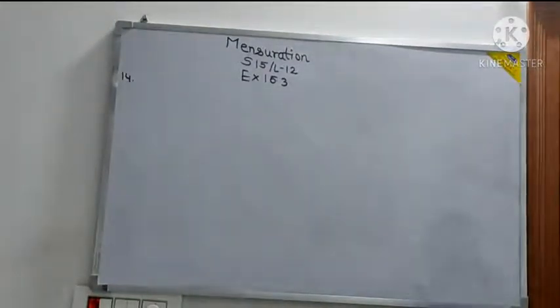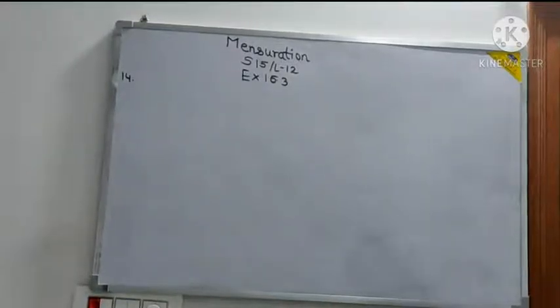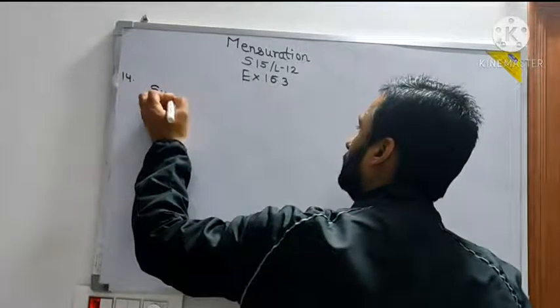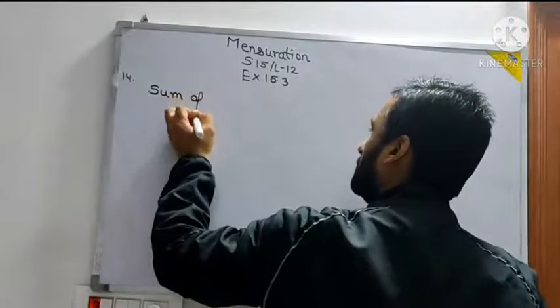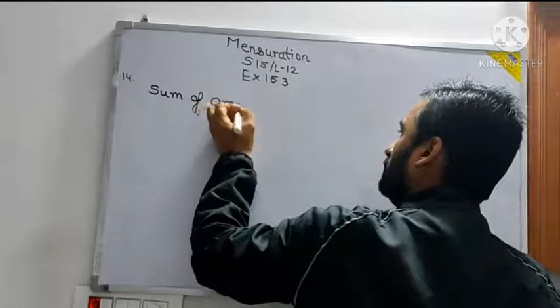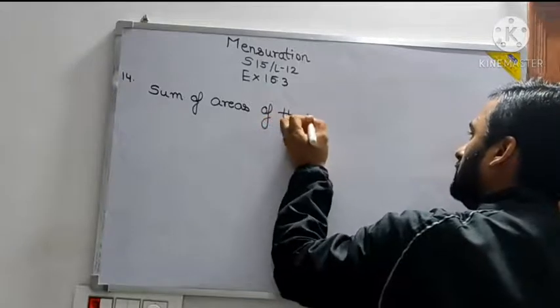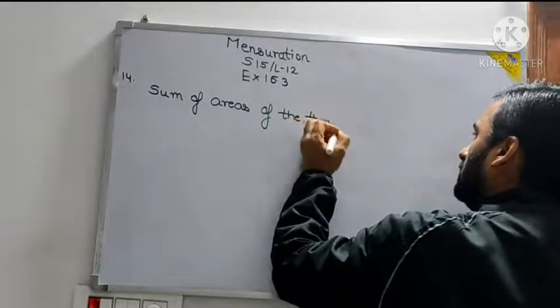The 14th question says, find the circumference of the circle whose area is equal to the sum of the areas of three circles. So you have to find the circumference of the circle. There is one circle and there are three small circles. So let's find the sum of the areas of the three circles.